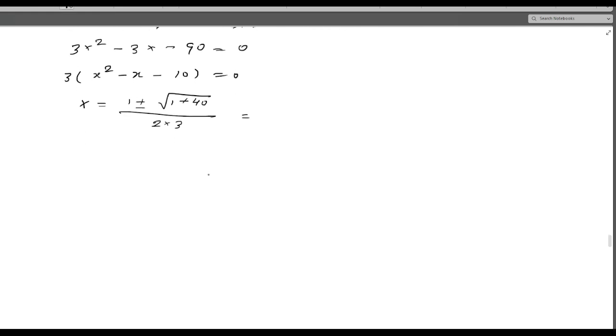So your x is 1 plus root of 41, and whole divided by 6.